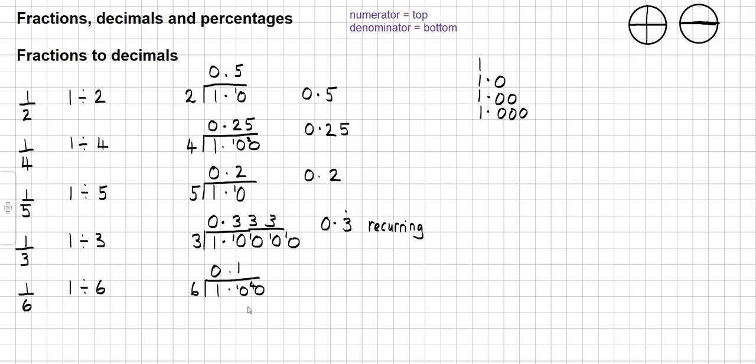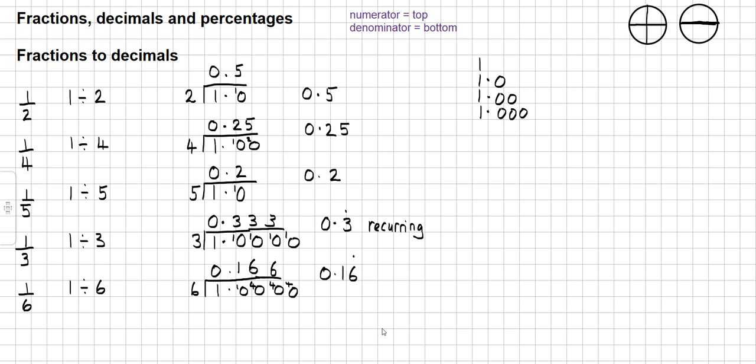We're going to put a new 0 there. 6 into 40 goes 6 times. 6 times 6 is 36. So we're going to have 4 left over. And can you see that again we're getting into this pattern of recurring numbers? 6 goes into 40 6 times, remainder 4, and so on. So we can write this as 0.16, and we can put a dot above the 6 to show that that is a recurring number.